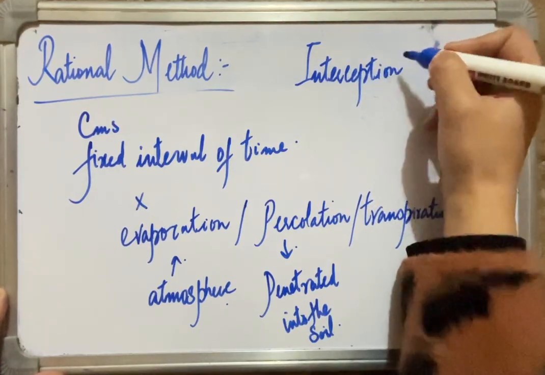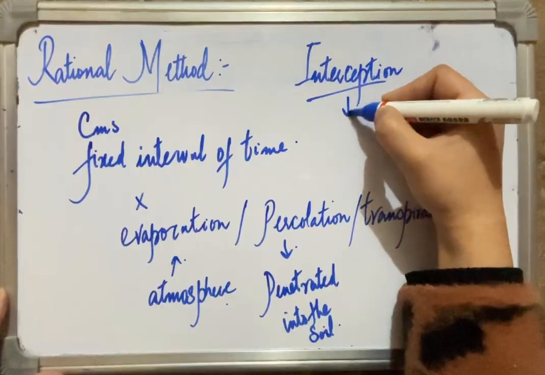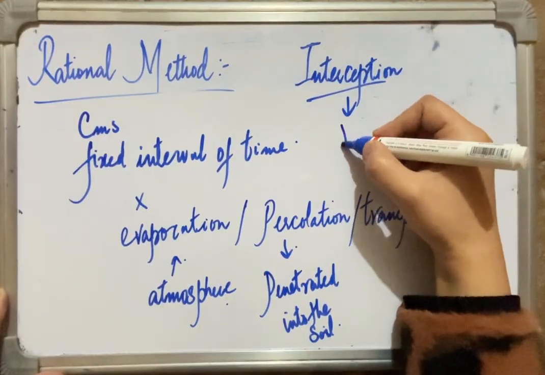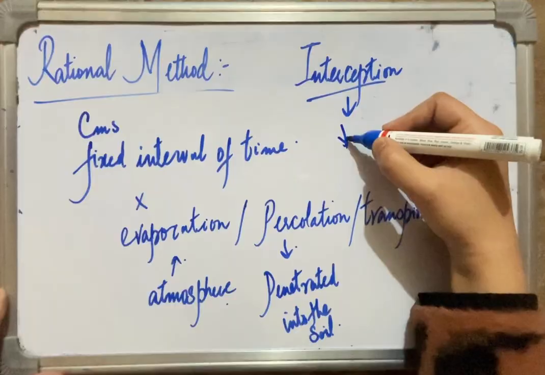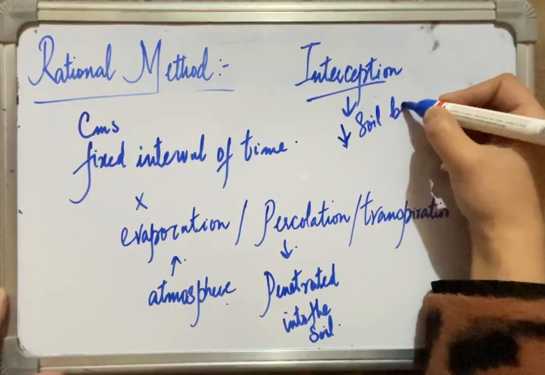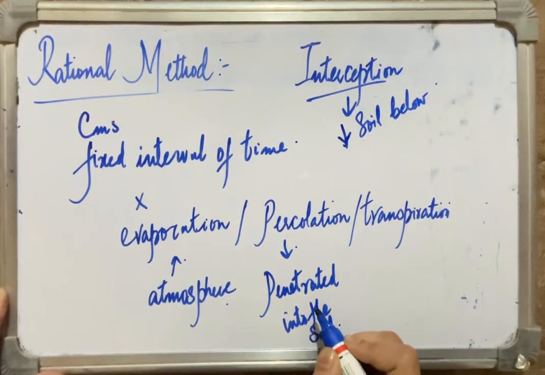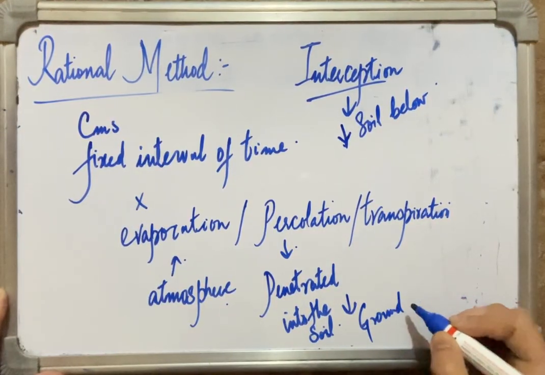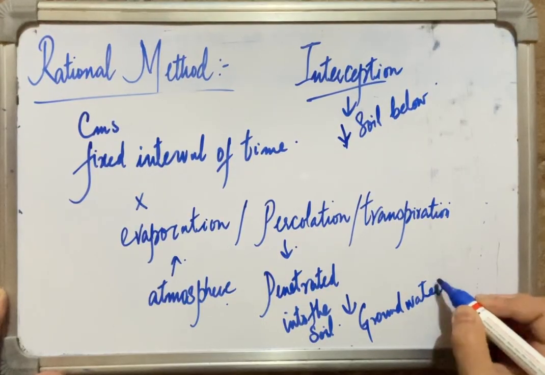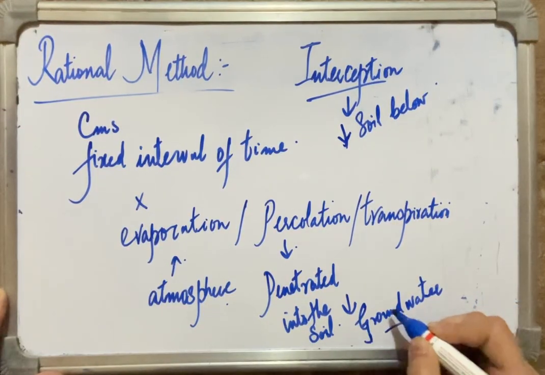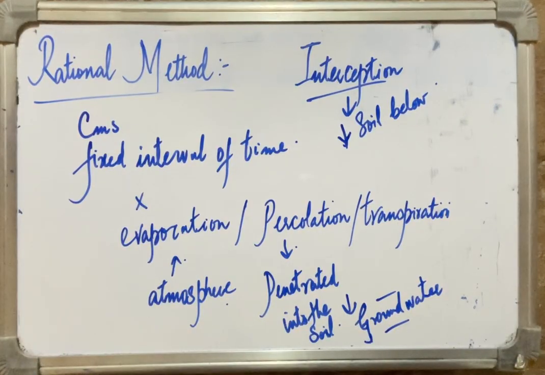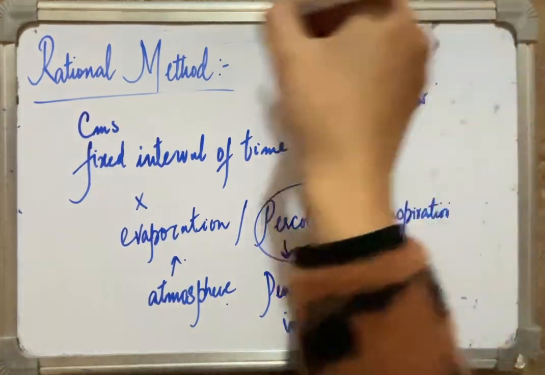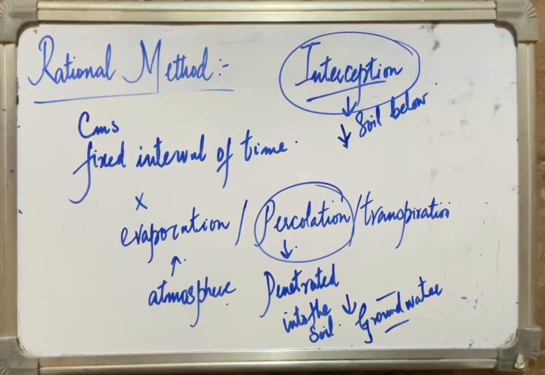Interception means the immediate seepage of water into the soil below, but the deep down travel of it to enter the groundwater, traveling through all the porous material, rocks, etc., to reach the groundwater, that process is known as percolation. Whereas the immediate entry of water into the soil below is known as interception.